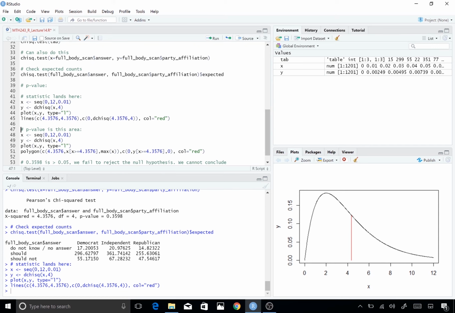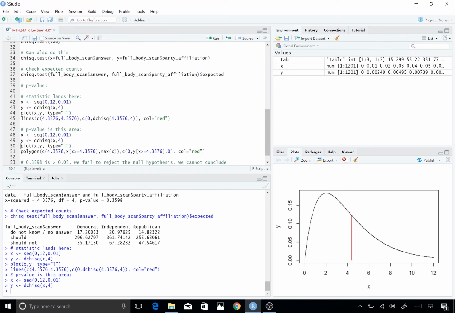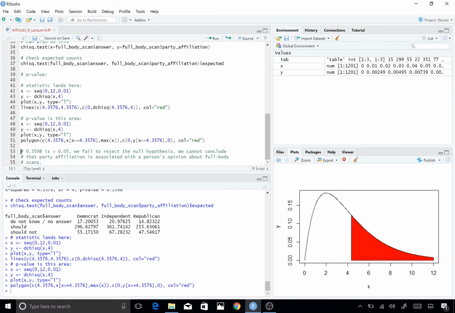We always compute the p-value from the area ahead of the statistic, and that's this. The 0.3598 is this area. It's the probability of seeing a chi-square statistic at least as great as what we saw if the null hypothesis is true.